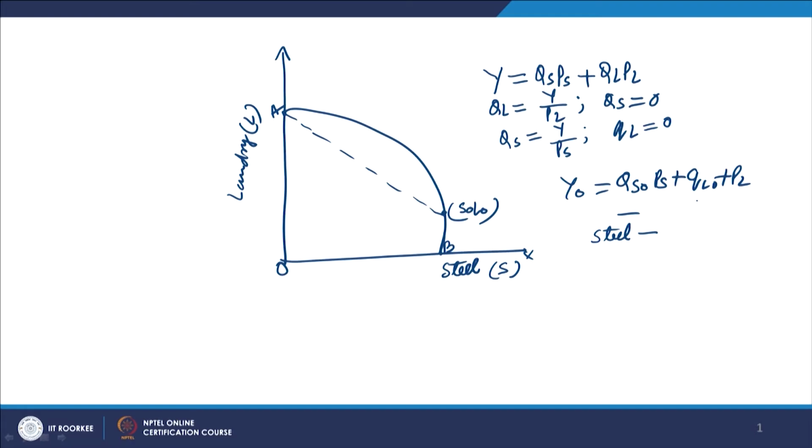But what happens if both the firms merge together? If a merger is done, then the ownership will be with the same person. So, if more steel is produced, there will be more externality to the laundry.